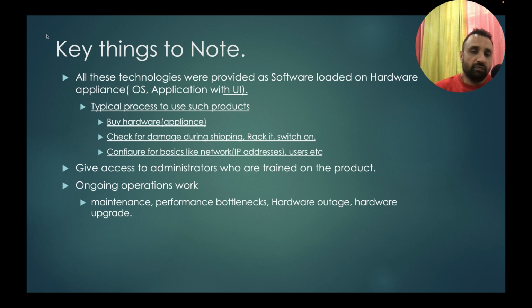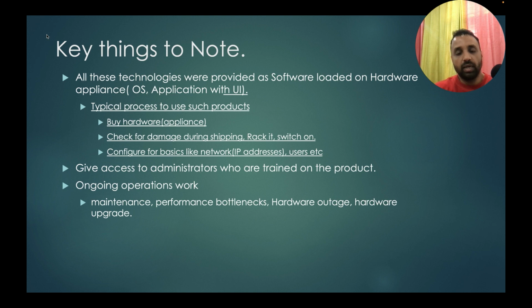They would buy this software or a hardware. If it is software, they will get their own server and install that software on their own hardware. Then they will also check for damages during the shipping process, whether it can switch on, and they can eventually rack it.